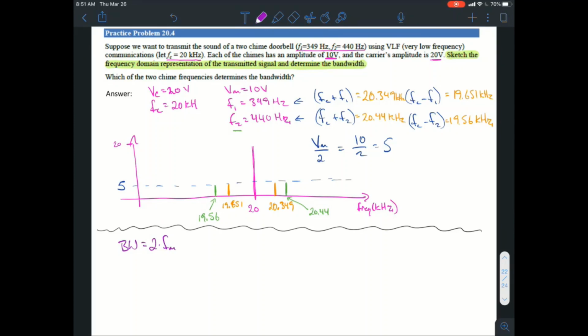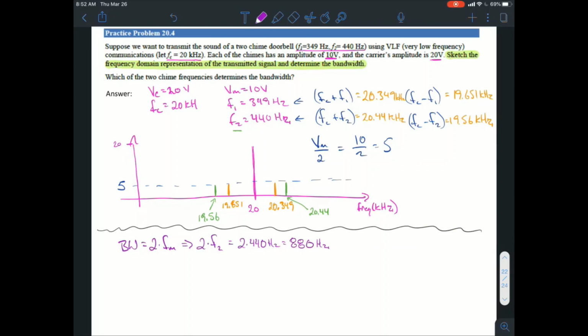And f sub m in this case must be the maximum frequency inside of our message signal. So in this case, it actually becomes 2 times f sub 2, which is going to be 2 times 440. That equals, and that's hertz, 880 hertz.